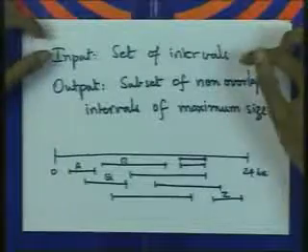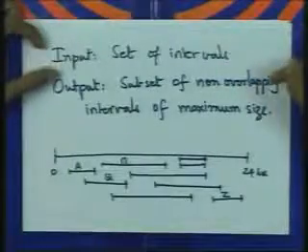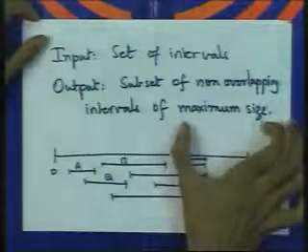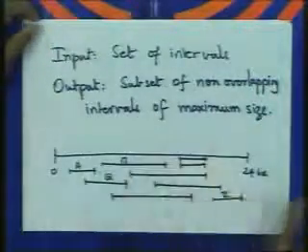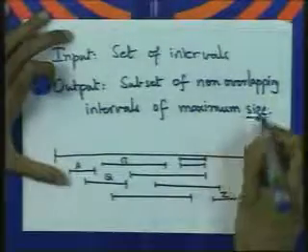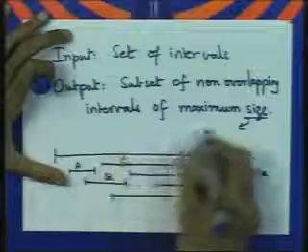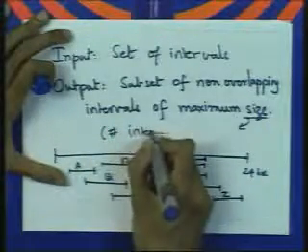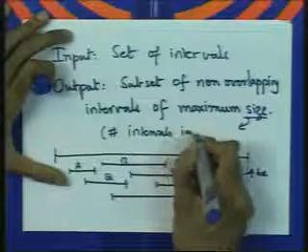So you're given a set of intervals. You want a subset of non-overlapping intervals of maximum size. By maximum size I mean the subset of maximum size, so this is the size of the subset, which means the number of intervals in the subset.